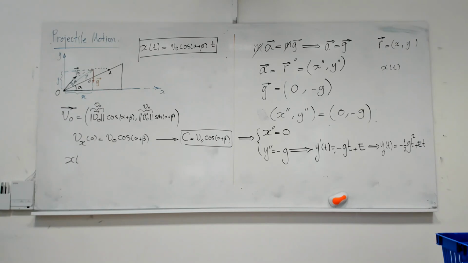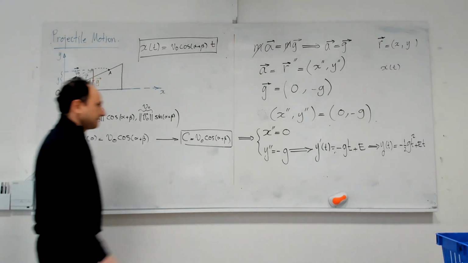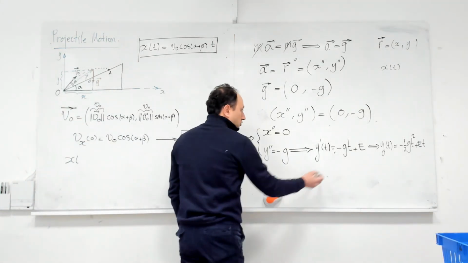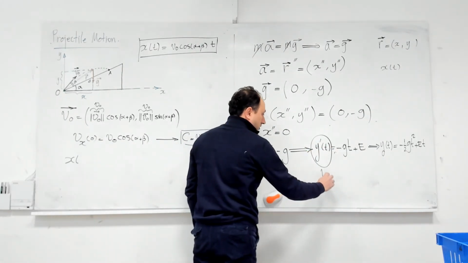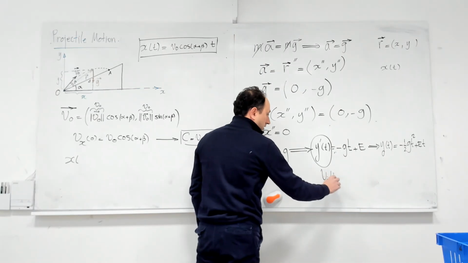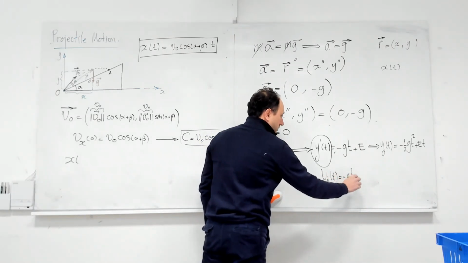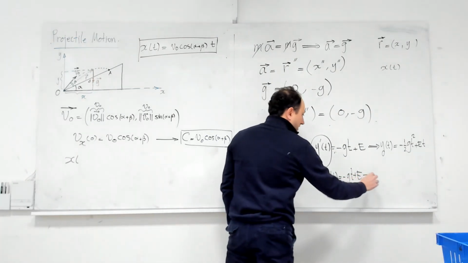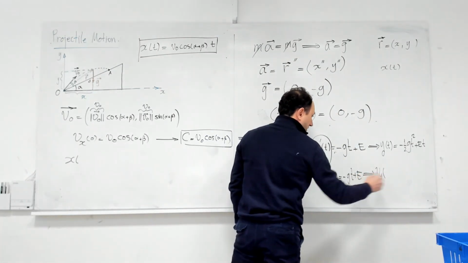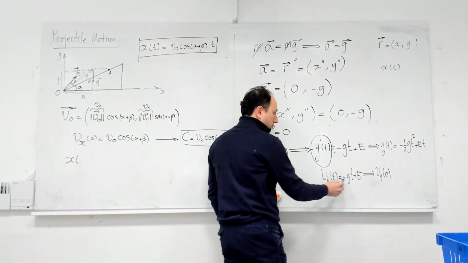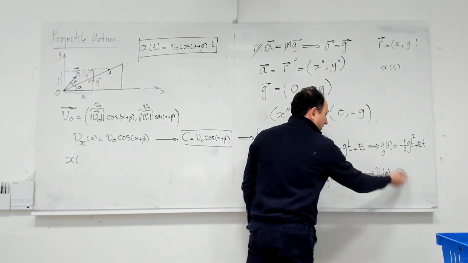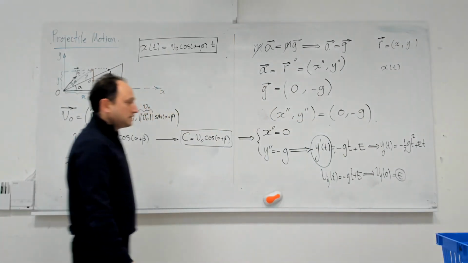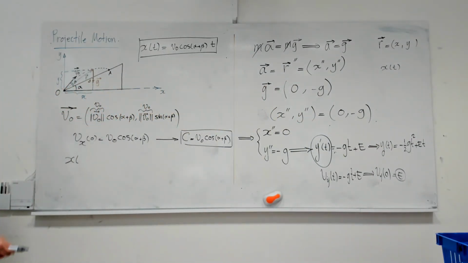So f is 0. But what is E? Can you tell me what is E now? So you need to go here. What is the physical interpretation of that? The velocity along the y direction is equal to minus gt plus E. So this means that the initial velocity along the y direction, I replace t with 0, it becomes E. So the physical interpretation of this constant is the initial velocity of my particle along the y-axis. But I already know that. I have it here on the board.